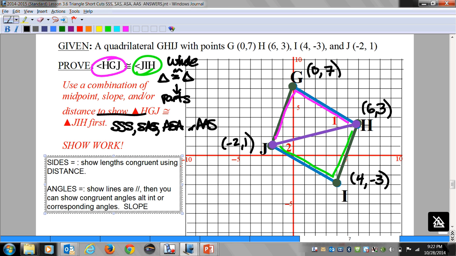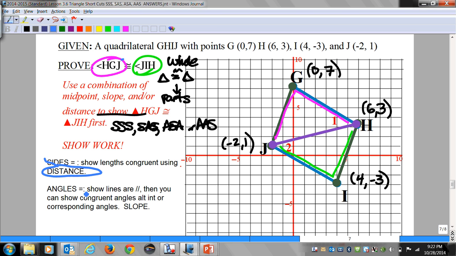You use slope. So keep these 2 connections in mind. I'd like you to write this down. If you want to show angles are equal, you first have to show slopes are equal, showing lines parallel, and then angles. So I'm going to use a combination just so you can see how both work.